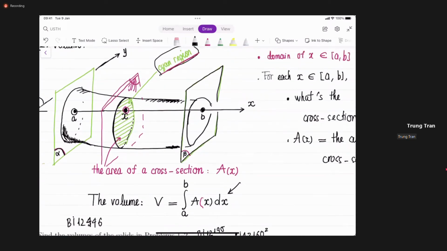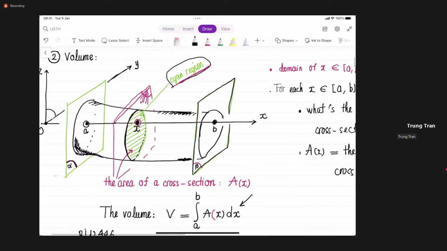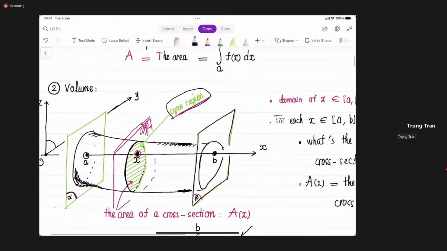So this is a very general setting for computing the volume of solids in space, and the steps you need to do are, at first, you need to find what is the domain of the variable, in this case the variable x.